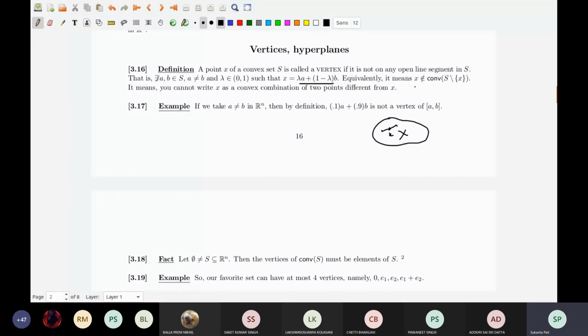Remember, this is very similar to linear independence.